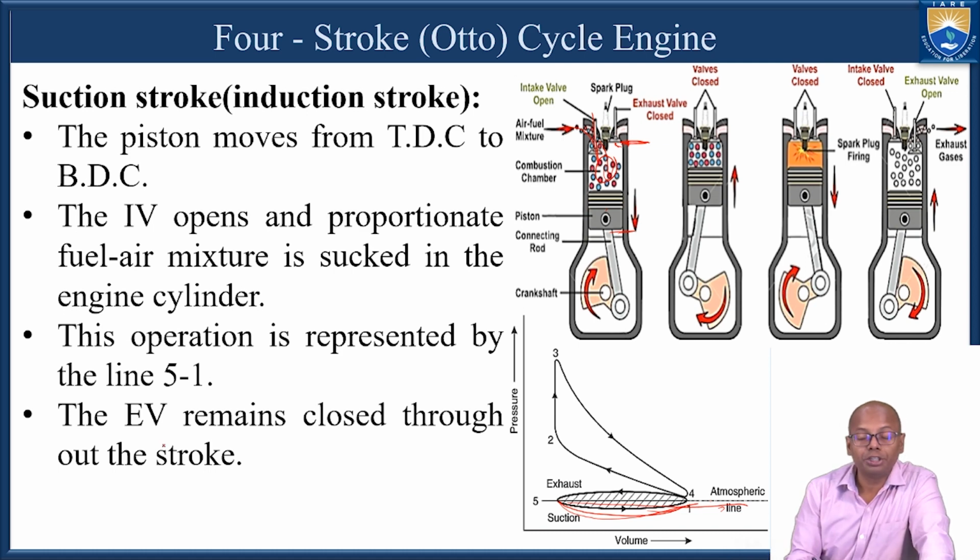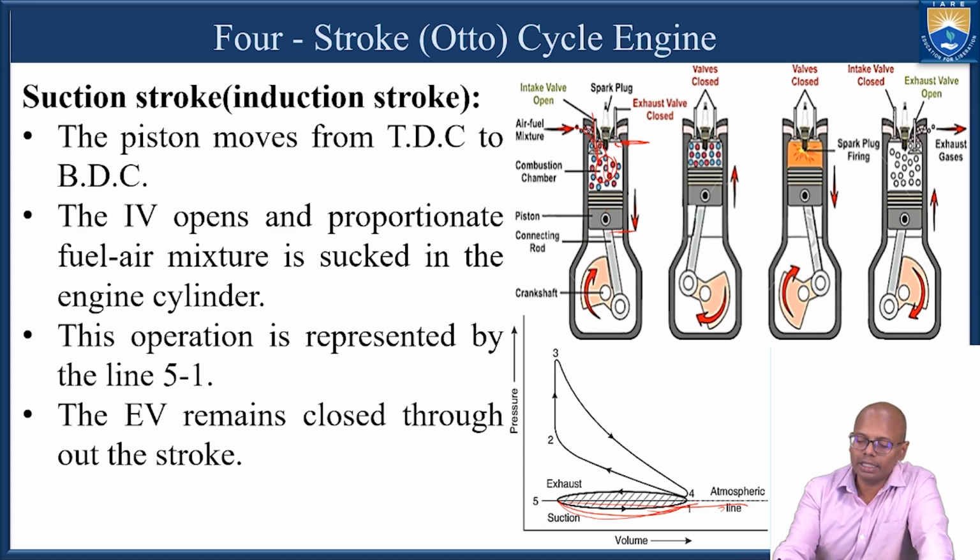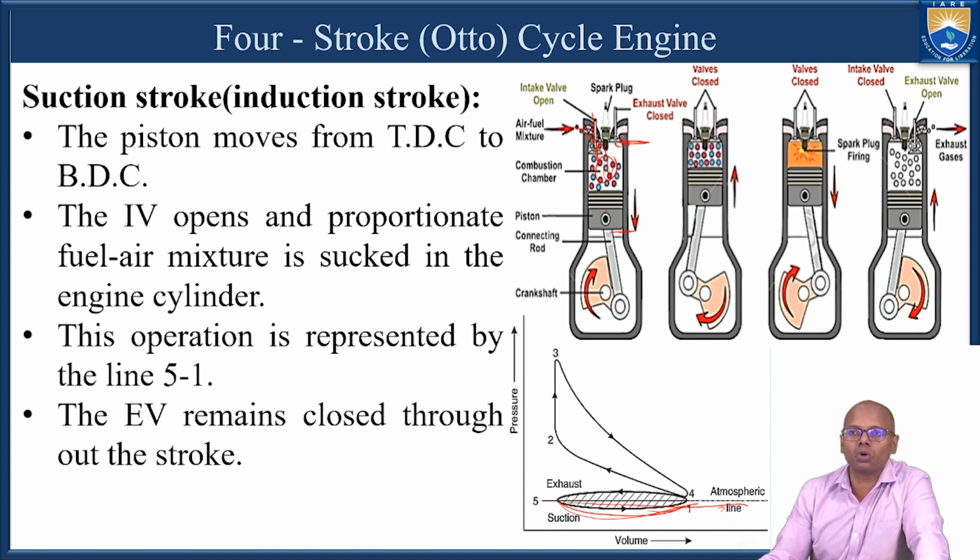During this stroke, that is the movement of the piston from TDC to BDC, the inlet valve will be open and the exhaust valve will be closed. So this is the suction stroke.